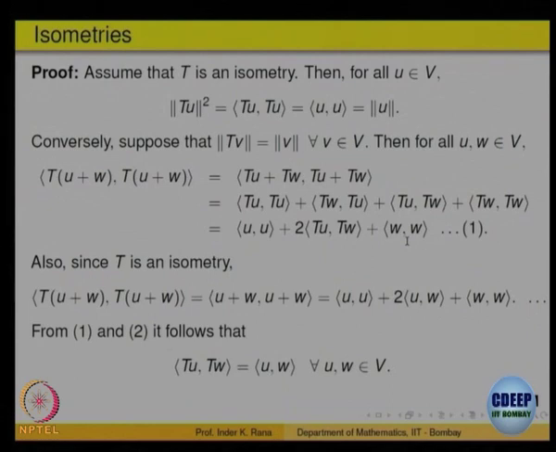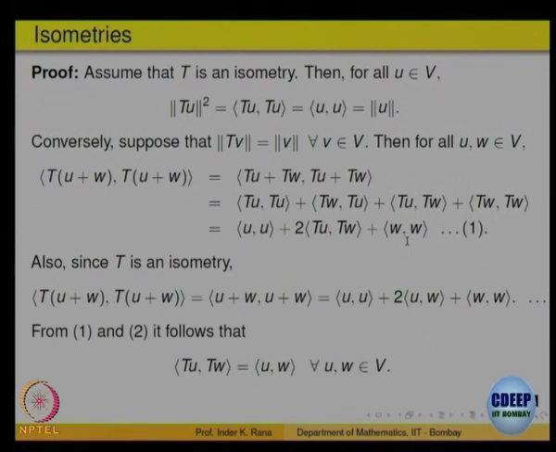That comes out to be the inner product of Tu with Tu plus 2 times Tu with Tw plus Tw with Tw.